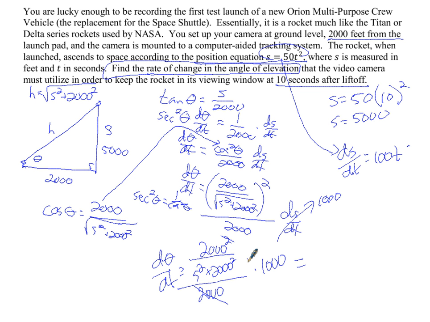What do we get? Two over 29 is the right number, but now we need to figure out the units. It's an angle, so it's either going to be degrees or radians.